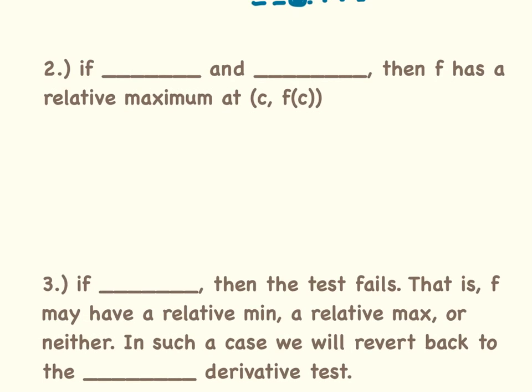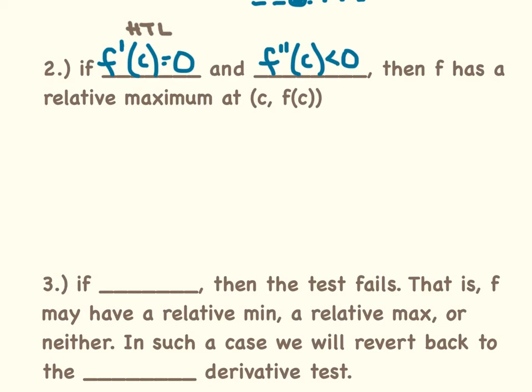Well, what if I said f prime of c equals 0 again, but this time the second derivative at c is less than 0? What did we just say? We've got a horizontal tangent line and we've got something that's concave down.